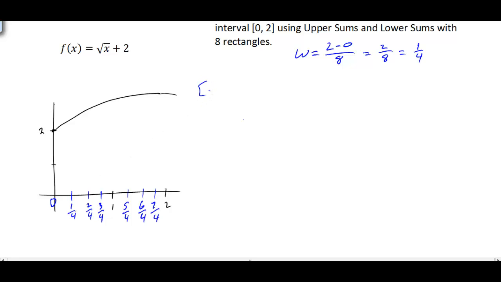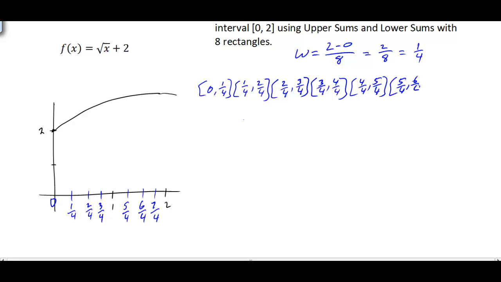So the intervals would be from 0 to 1/4, 1/4 to 2/4, 2/4 to 3/4, and from 3/4 to 4/4, which is simply 1, and then 4/4 to 5/4, 5/4 to 6/4, 6/4 to 7/4, and 7/4 to 8/4, which would be 2.